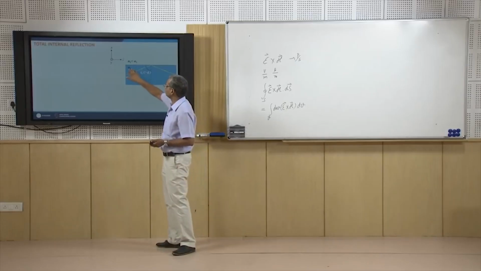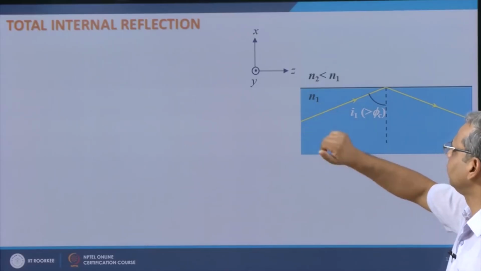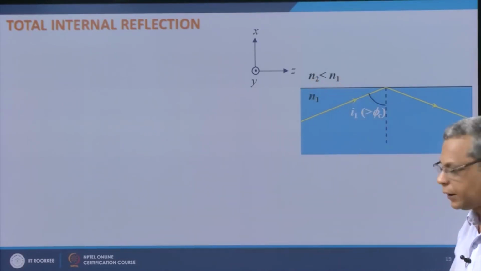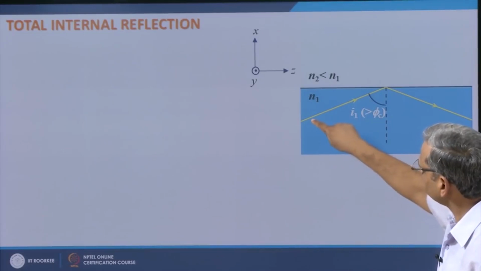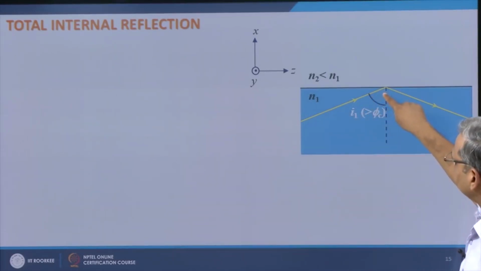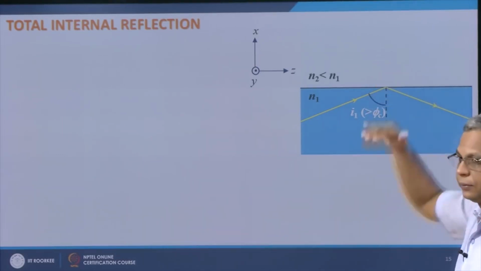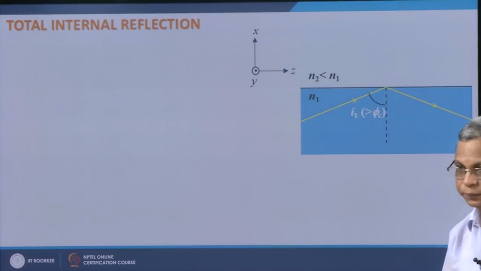If this is the medium of refractive index n1 and this is n2, where n2 is smaller than n1, then ray theory tells me that if I launch a ray which makes an angle larger than the critical angle, then this ray will come back into the same medium and there would be no transmitted ray.